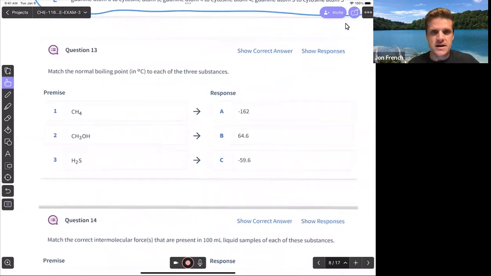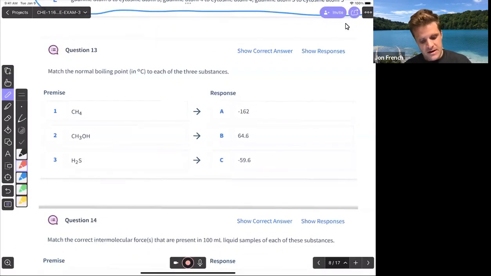The key to assigning boiling points in this example, where they're all about the same size, is going to come down to London dispersion forces, to intermolecular forces. Methane is nonpolar, so London dispersion forces. Hydrogen sulfide is polar, so it has London dispersion forces and dipole-dipole.